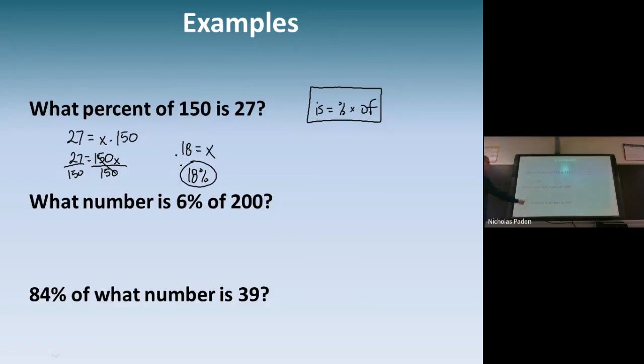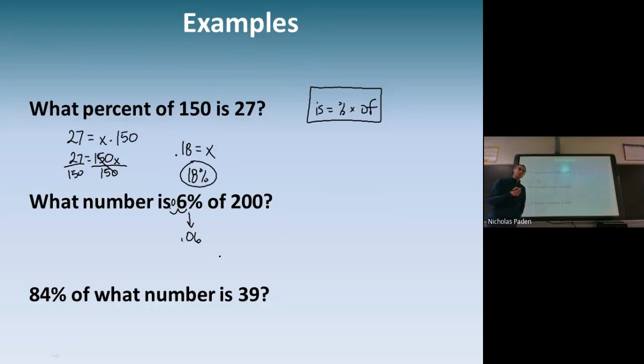All right, what number is 6% of 200? Is our next one. So for this one, we have the percent, and remember 6%, you move it 2 times to the left, which means you've got to put that 0 in front of there, so it's 0.06. 0.6 is 60%.